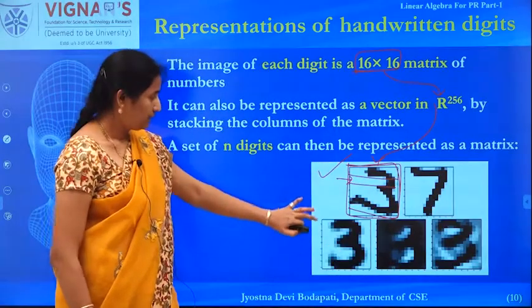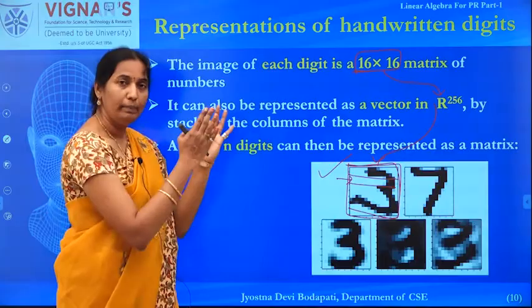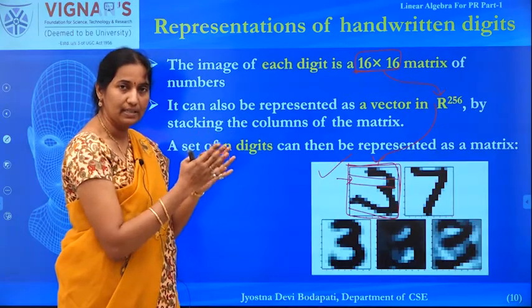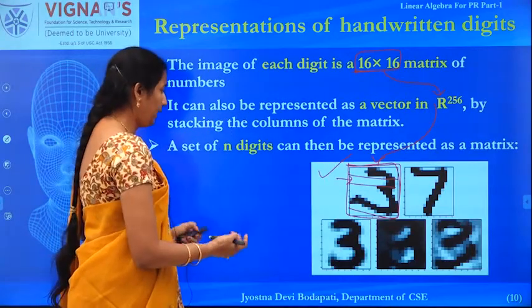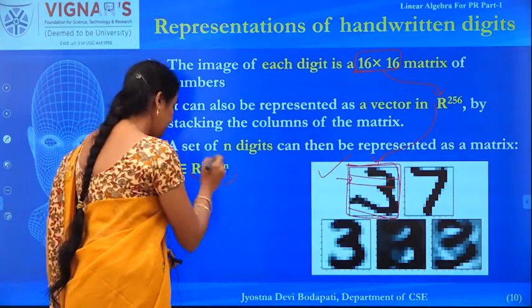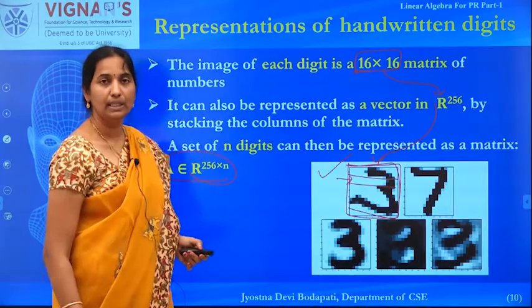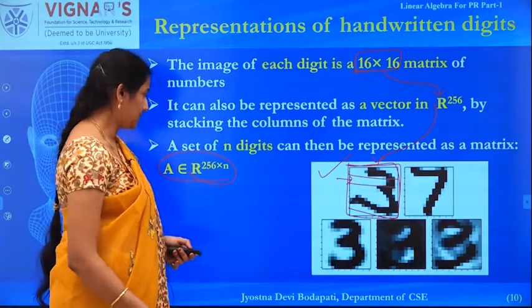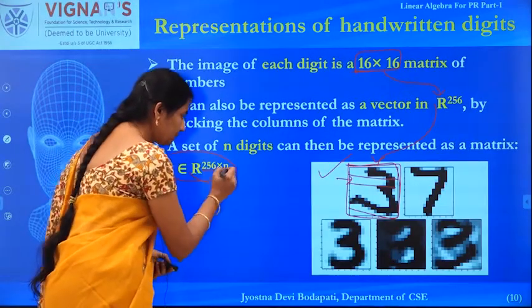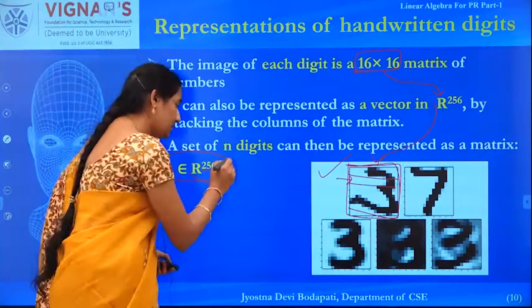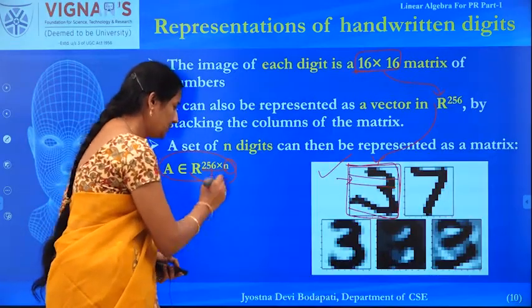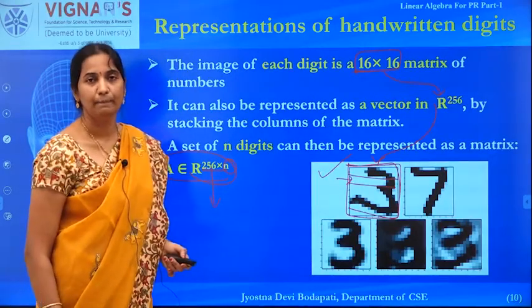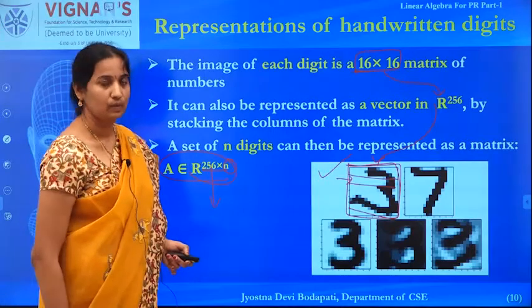Then I need to stack these vectors into a matrix, and I will feed that matrix as input to the machine learning algorithm. So the matrix is of size 256 by n, where n is the number of images and 256 is the representation of each image.